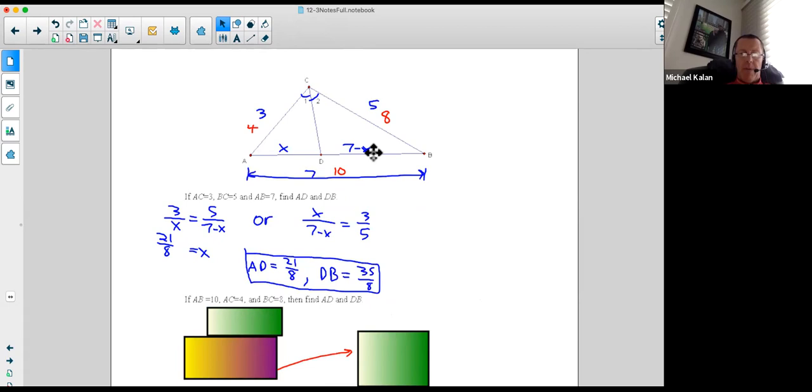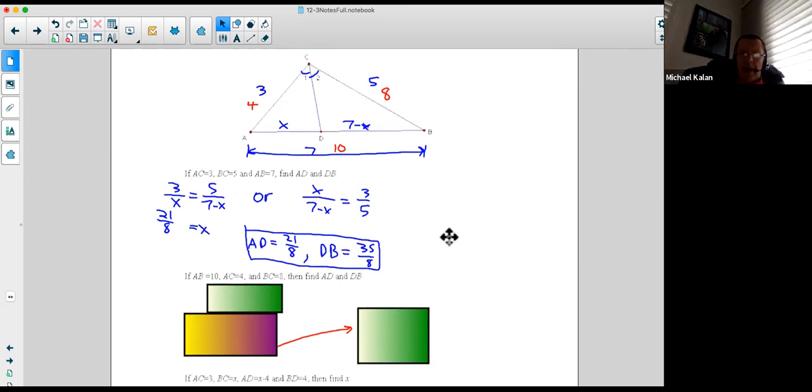And then DB, remember, you have to subtract whatever AD is from the total length of the segment, which was 7. So 7 over 1 is the same as 56 over 8, and 56 over 8 minus 21 over 8 is 35 over 8. Okay. All right. Now use the red numbers and figure it out with that situation.